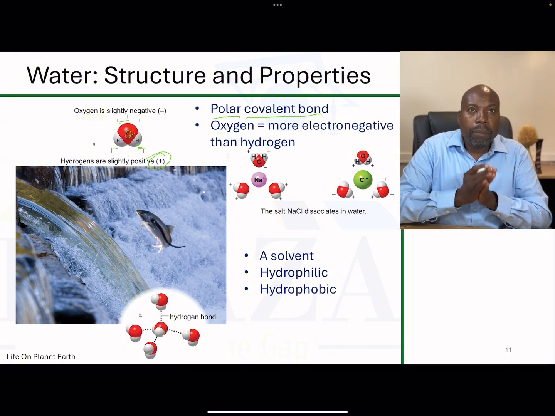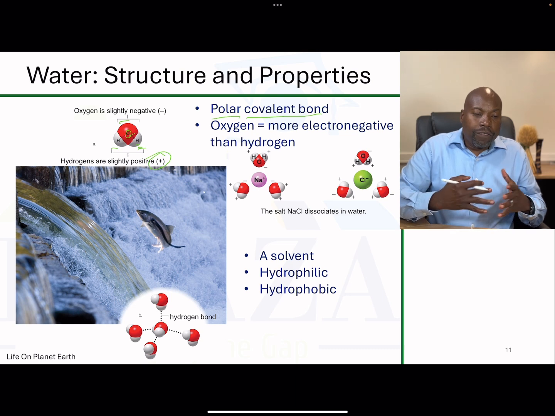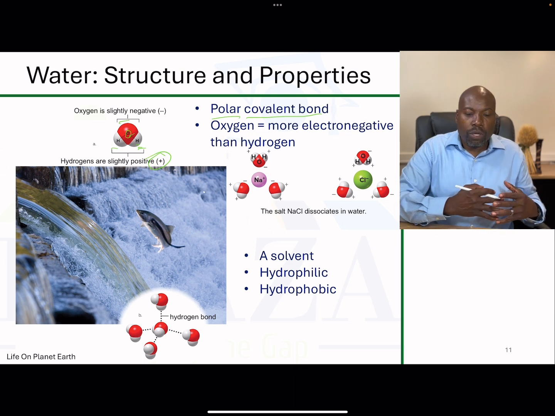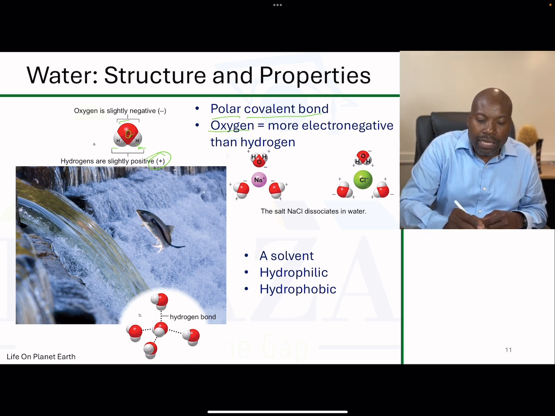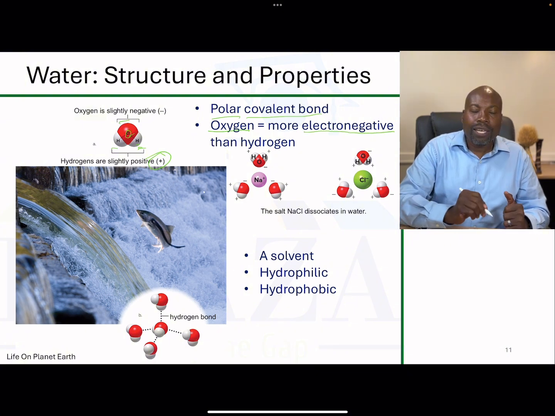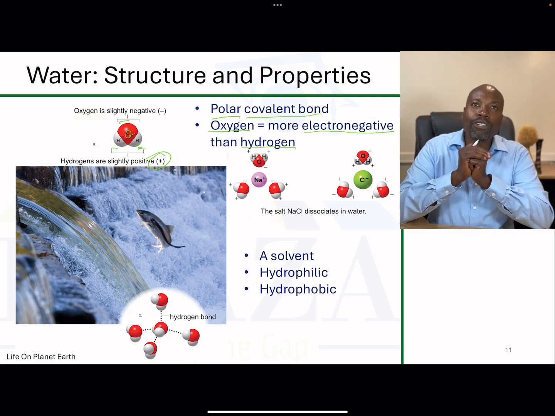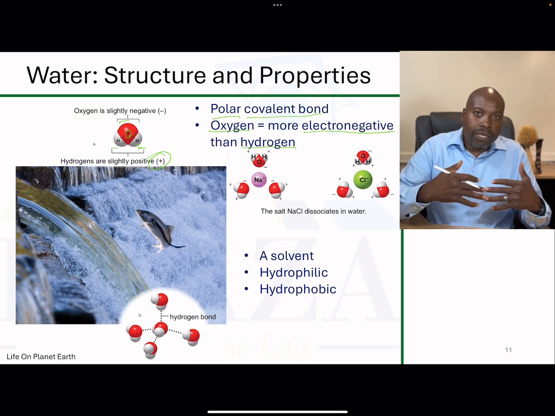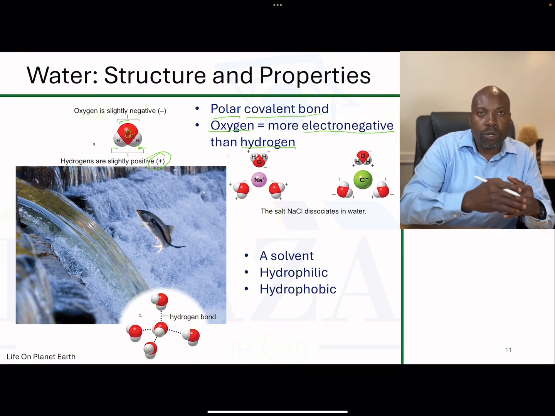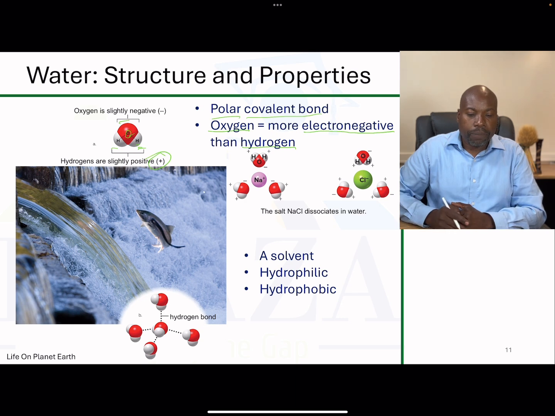Now, this is happening because when we look at the capability of these two elements to attract electrons toward themselves, we notice that oxygen has a very high electronegativity compared to hydrogen. Because of that, in the sharing of electrons between oxygen and hydrogen, electrons are spending more time close to oxygen than they do close to hydrogen.